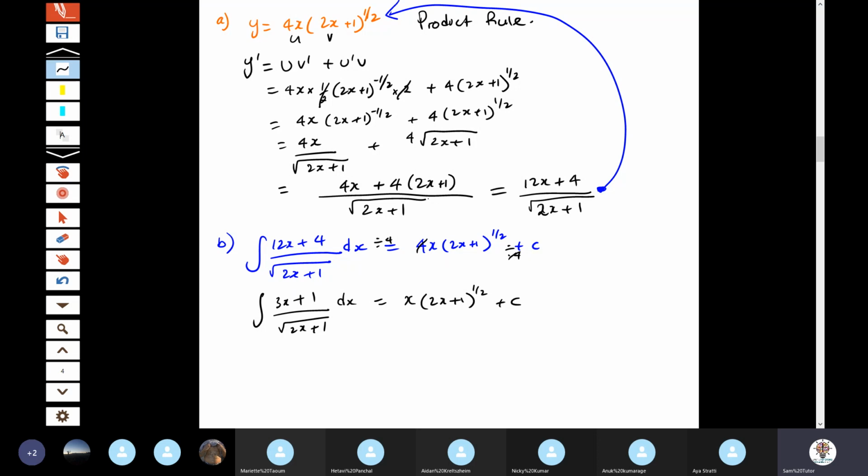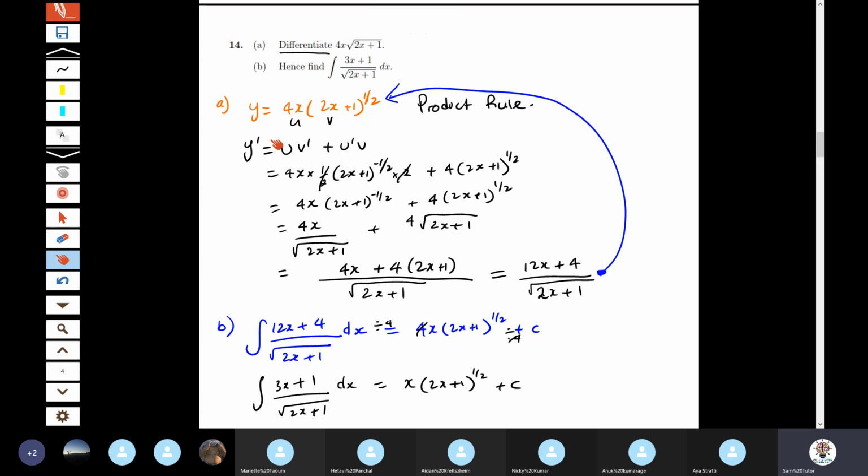So, if we just worked out for part A that the derivative of the orange gives me this answer here, what does that mean about this black answer with respect to the orange? Well, I know that the integral of this black component must give me the orange component. Is that correct logic there? Yep. That the integral of this gives me the orange.